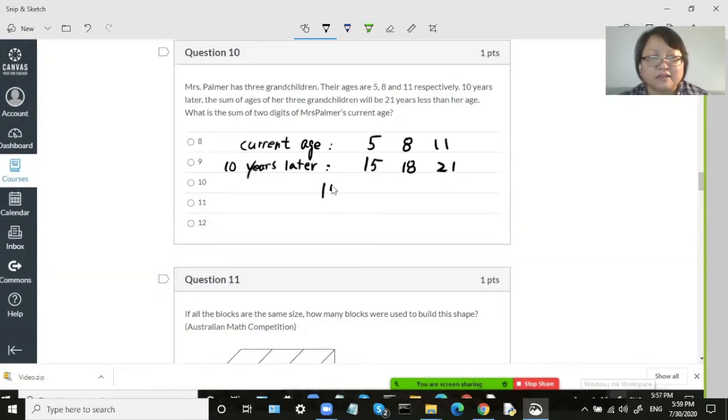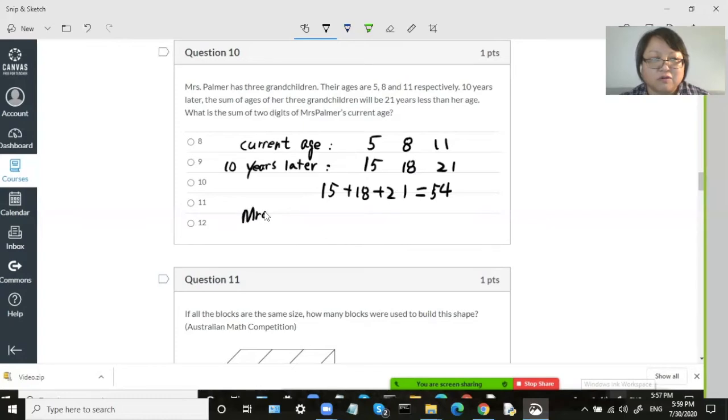So let's add the 3 ages. Then we have the sum of her 3 grandchildren after 10 years. That would be 33, 54. Okay, so 10 years later, the sum of ages of her 3 grandchildren will be 21 years less than her age.